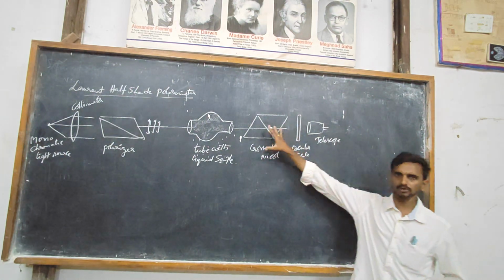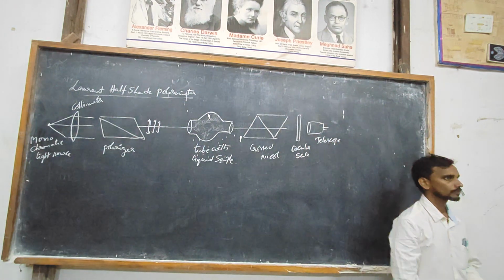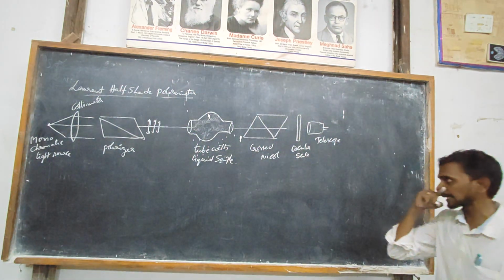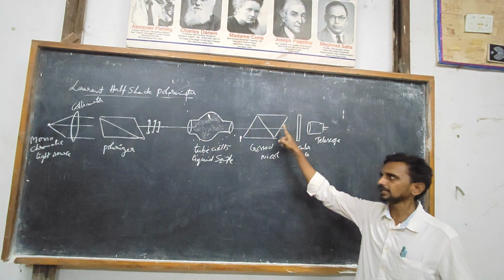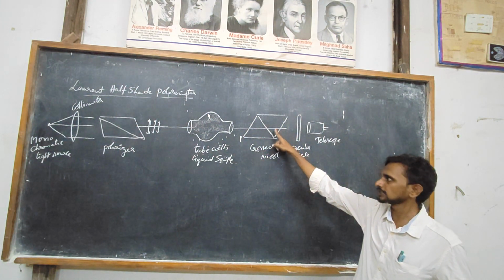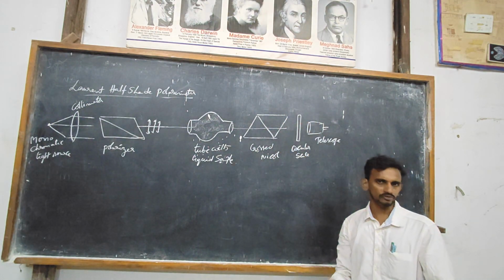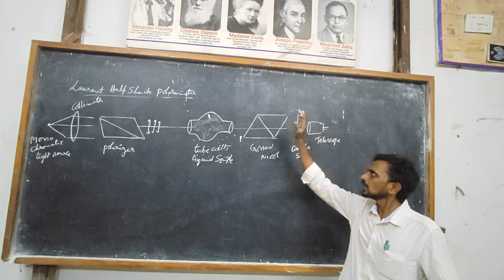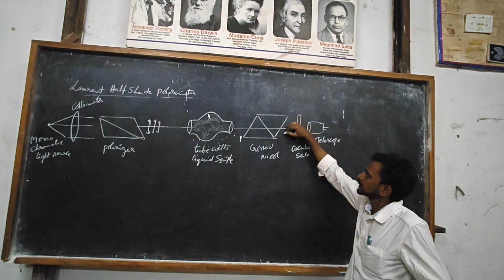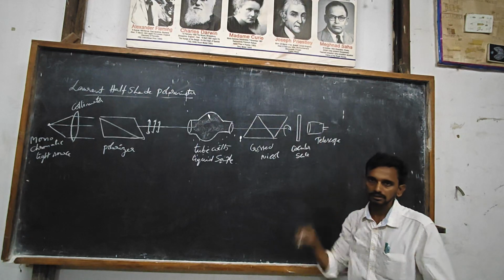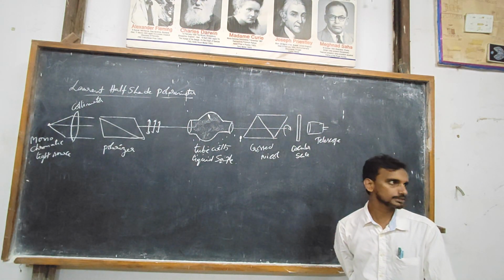If there is no liquid sample in between, my output light intensity is 0. So when I introduce this liquid sample in between, it turns the orientation of polarization by some angle, some 20 degrees or 30 degrees, whatever. So then I try to rotate this crossed nicol till I get 0 intensity again.